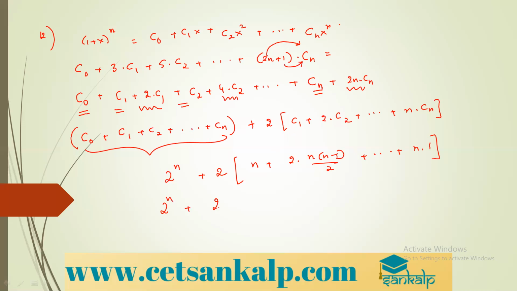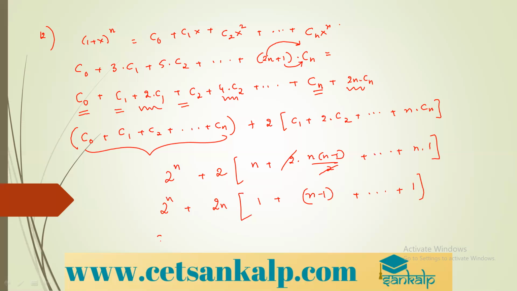Now, I will take n common so that I will have 1 plus, this will cancel 2, I will have n minus 1. So on. In the end, I will have 1 again, because everywhere I have taken n common.